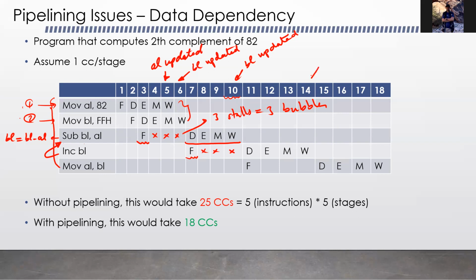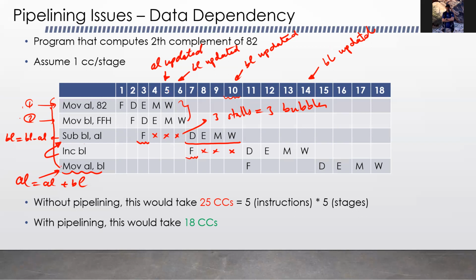And again, at cycle 14, BL will be incremented, so BL will be updated again in cycle 14 for the 3rd time. Finally, move AL, BL. This is basically AL equal to AL plus BL. So this is dependent on AL, but remember AL finished its update already on cycle 5, which is okay.